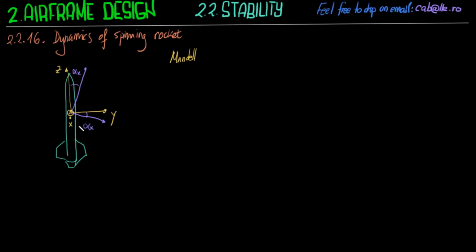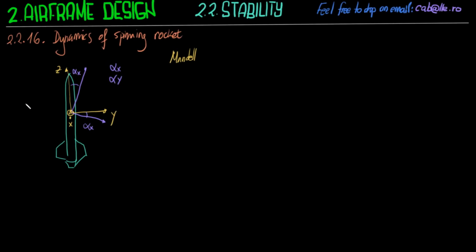I'd call the X axis pitch and Y yaw, but we don't differentiate because it's symmetrical. I'll treat them as different angles, but after all they sum up to give the rocket a tilt from the vertical. All right.